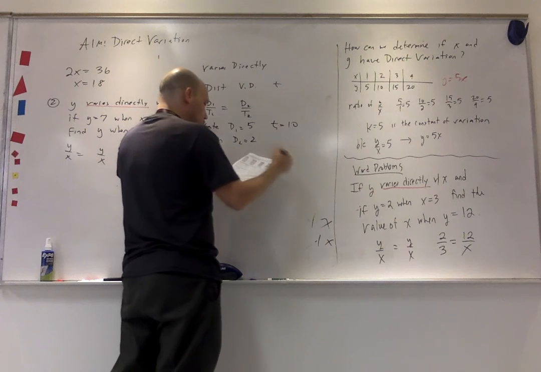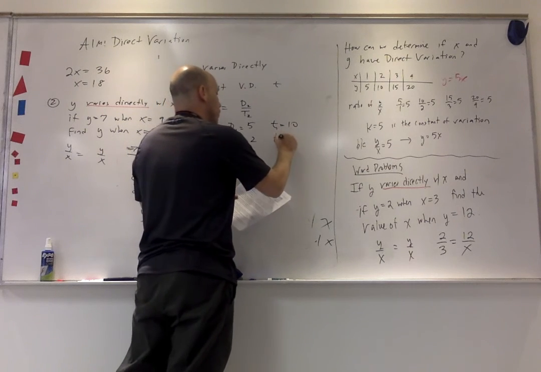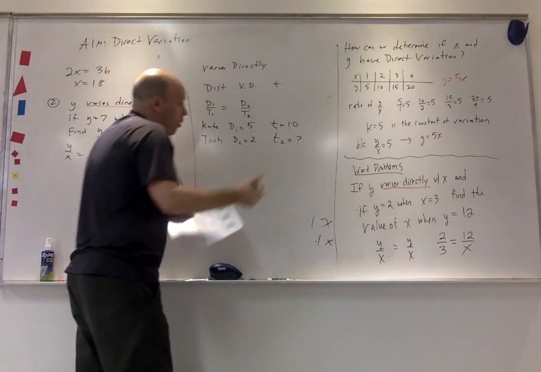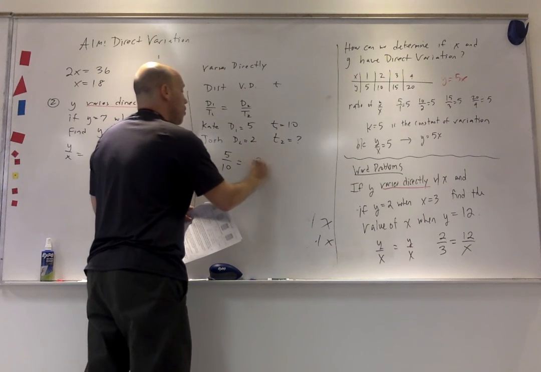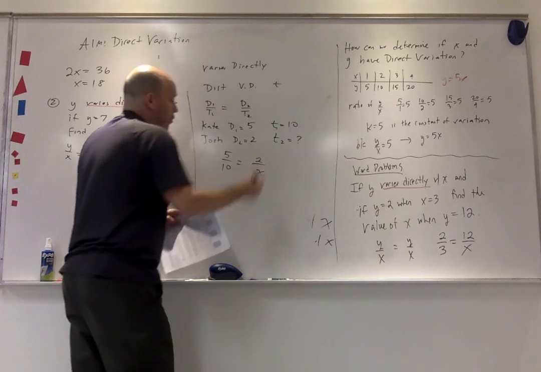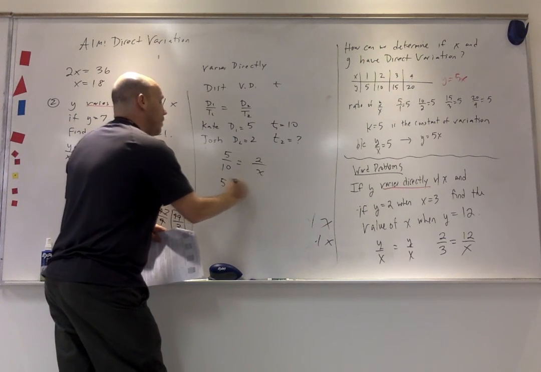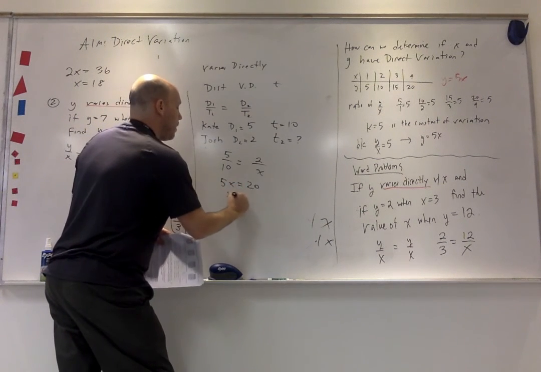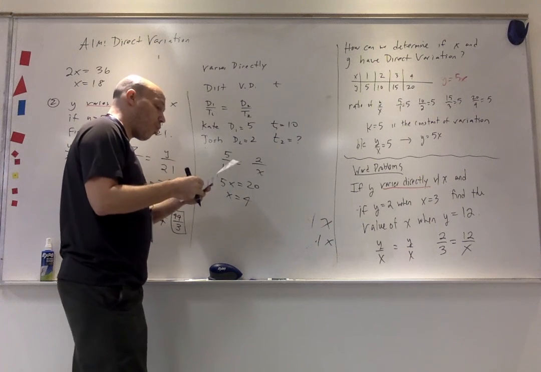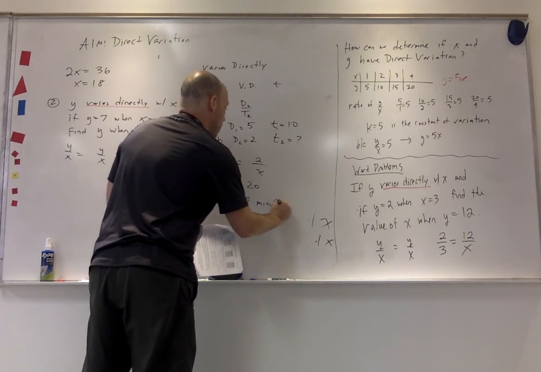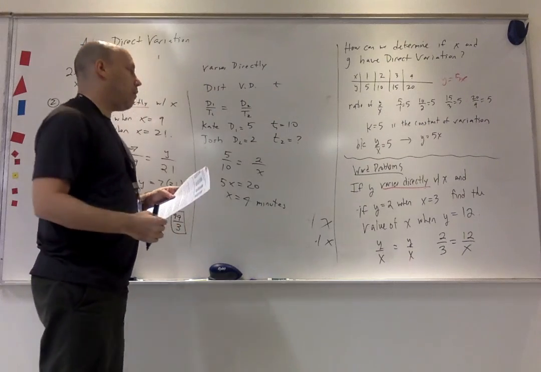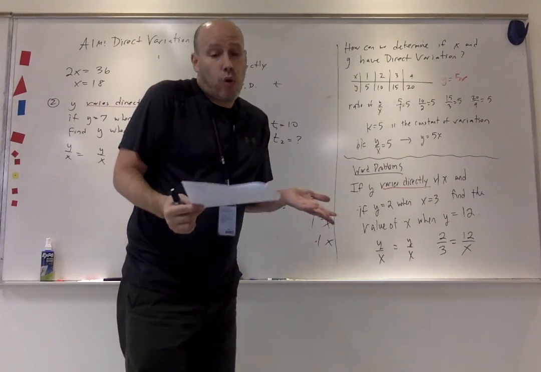And the question is, how long does it take him to reach the school? So we say 5 over 10 is equal to 2 over, let's call it x. 5x equals 20, x equals 4. It takes him 4 minutes. Those are the questions for homework.